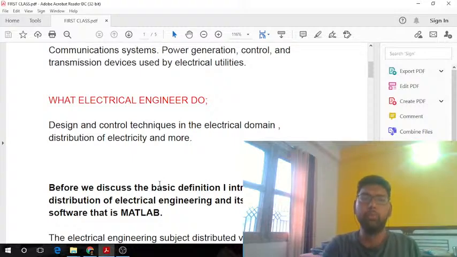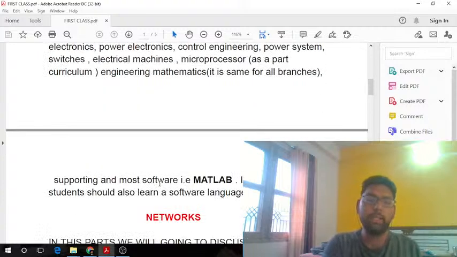That you have to learn in the power system subject.